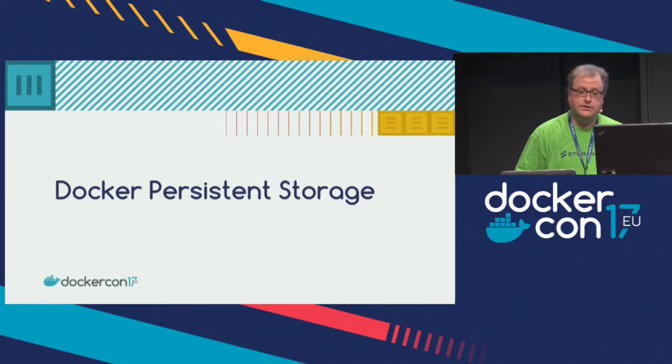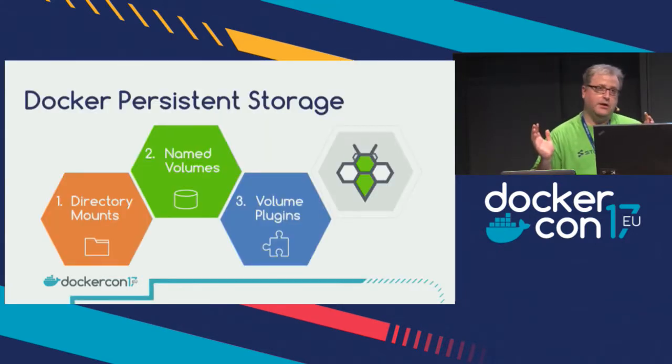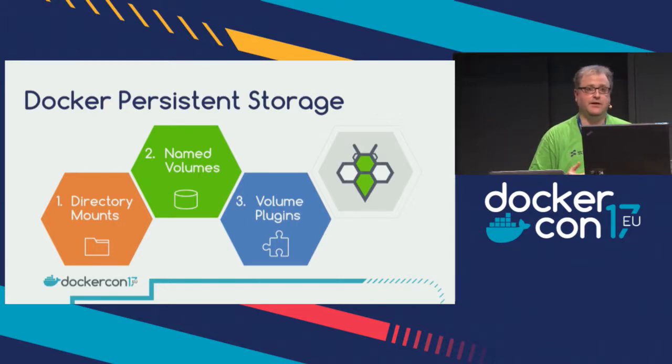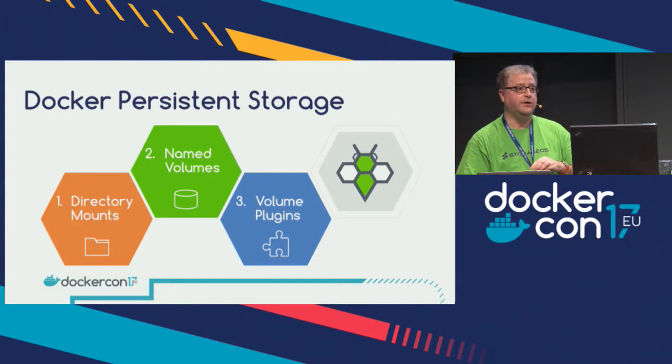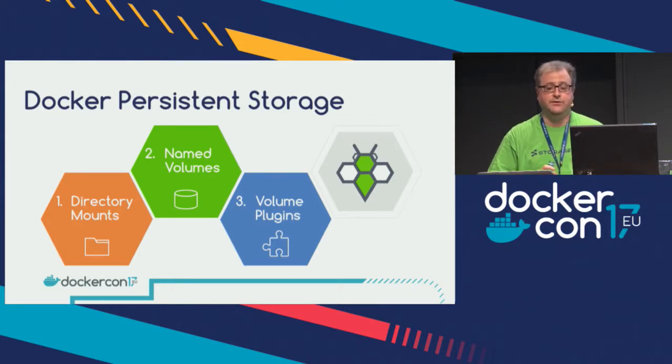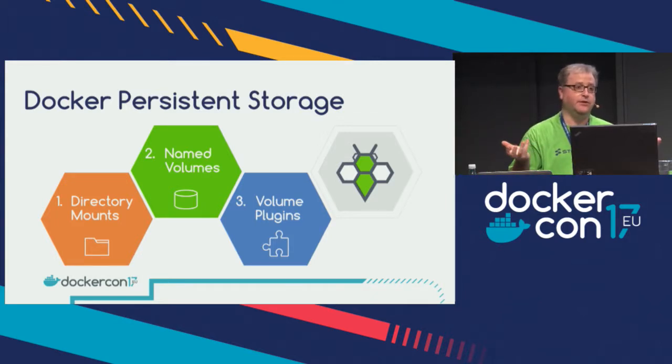So how does Docker persistent storage work? Well, initially, it was really, really simple. It was just mounting an individual directory from the host system, which wasn't particularly great because the host system was non-portable. So you were referring to a directory which wouldn't work across other nodes. The next evolution was the so-called named volumes.